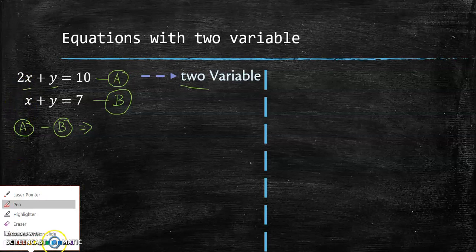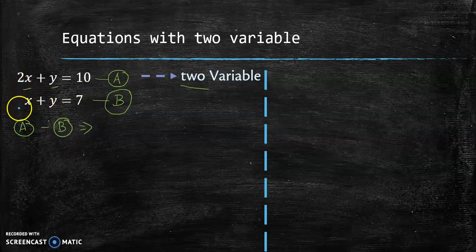If you are subtracting the equations, 2x minus x is equal to x. y minus y is 0. So 10 minus 7 is 3. So you get x equals 3.